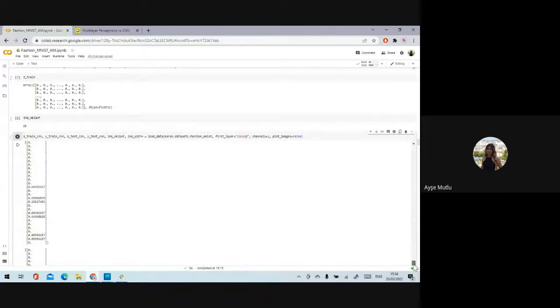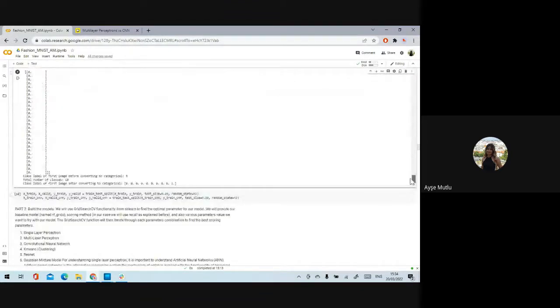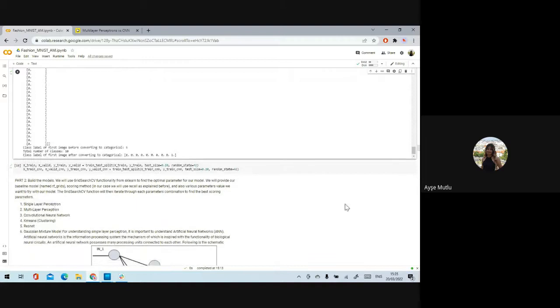Just as a recap, we have in total 10 classes, and before that it was just a digit from 0 to 9, and we are converting it to the vector form, and this is the categorical label.